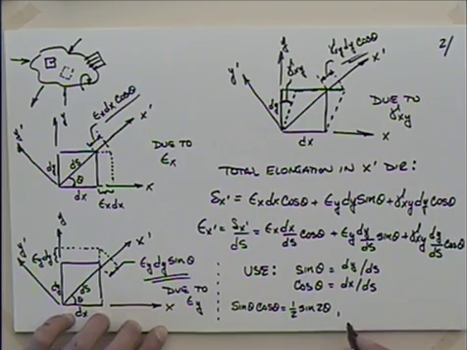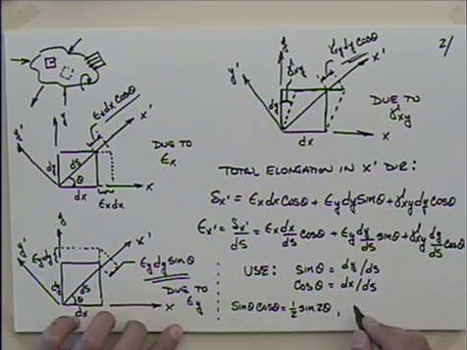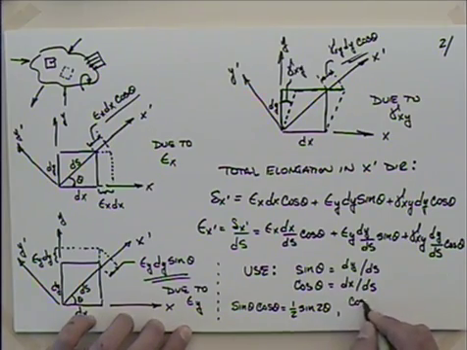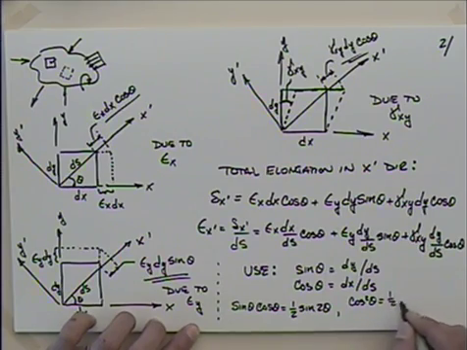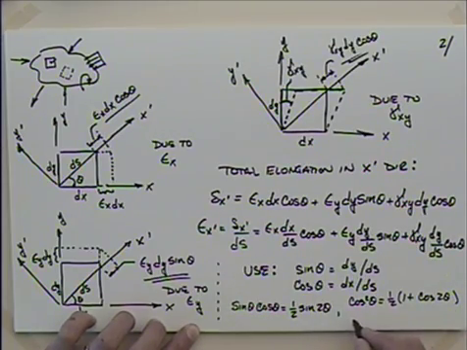What else do I need? Cosine squared theta is going to be equal to 1/2 times 1 plus cosine 2 theta. And then I think the last one, I'm good because I'm running out of room, sine squared theta is equal to 1/2 times 1 minus cosine 2 theta.